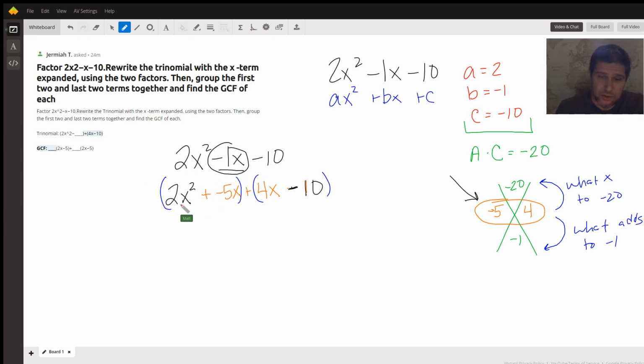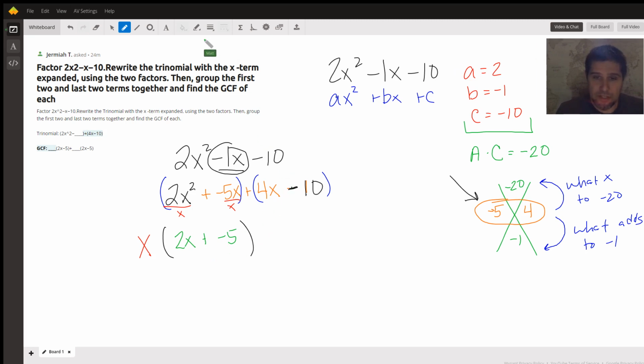It's almost like you divide out that x. I rewrite the group: 2x squared becomes 2x, and negative 5x becomes just negative 5. So I have 2x minus 5.